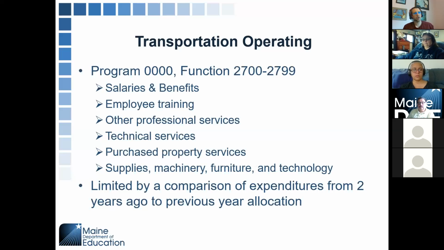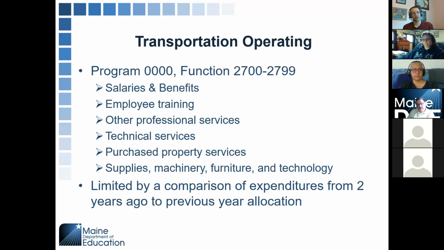But we are also going to look at your allocation from fiscal year 22. So we're going to look at your expenditures from fiscal year 21. We're going to create a range of 90% to 105%.